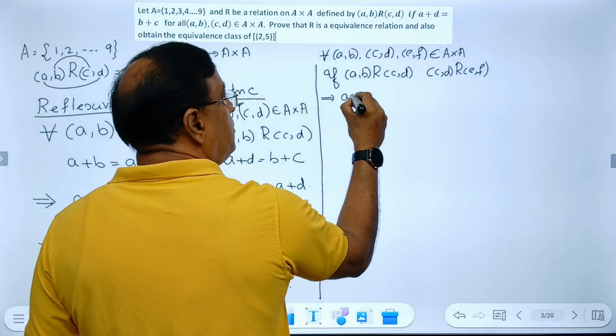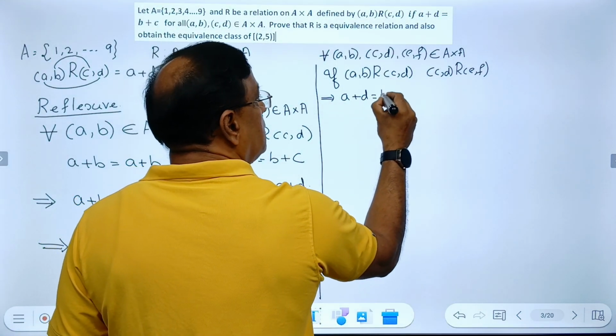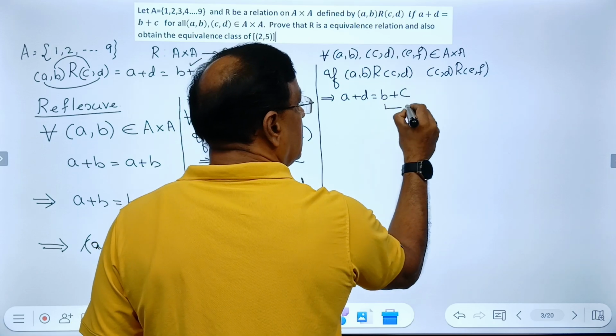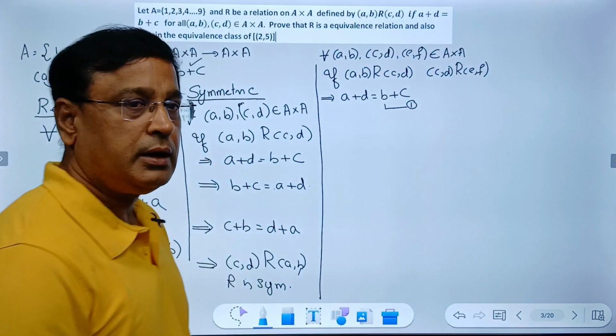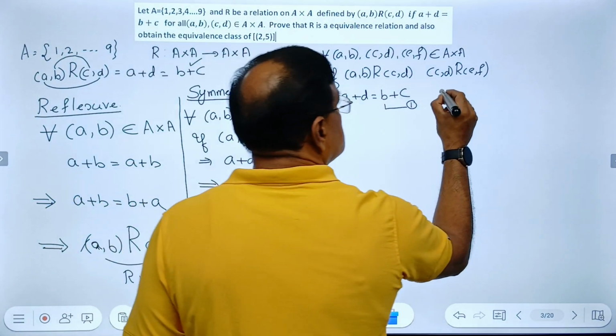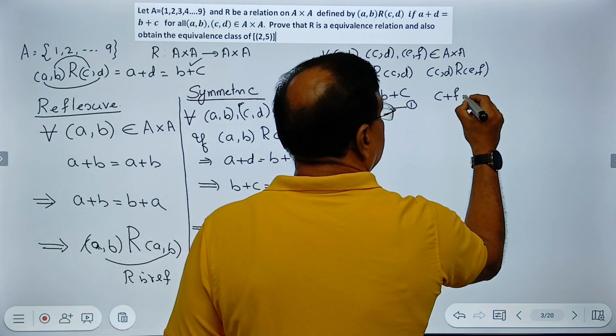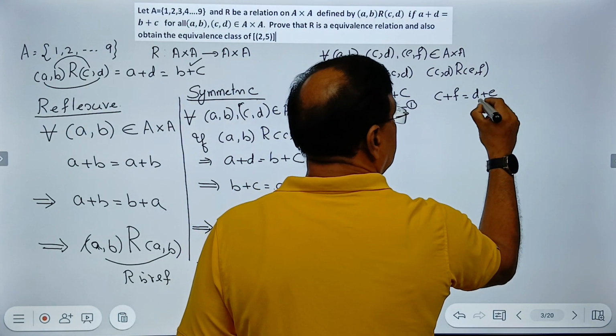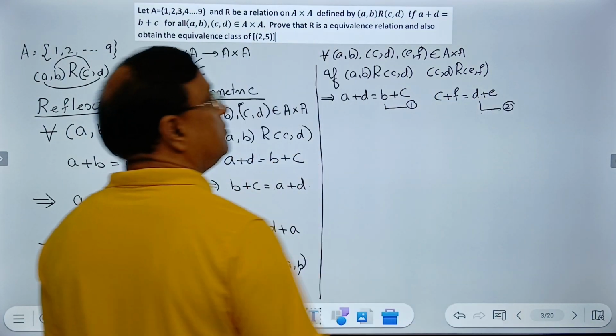You know that A plus D equal to B plus C by definition, and I call this 1, correct? Then C plus F equal to D plus E, again by definition, I call this 2.